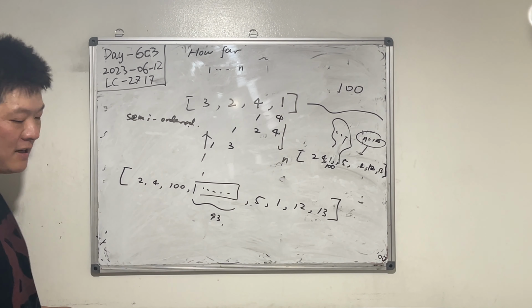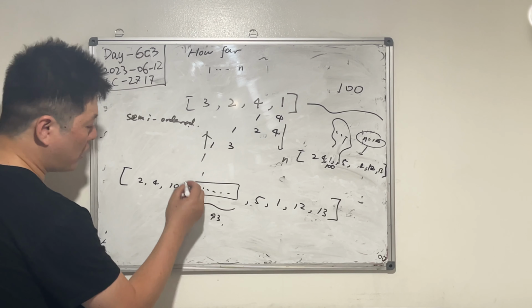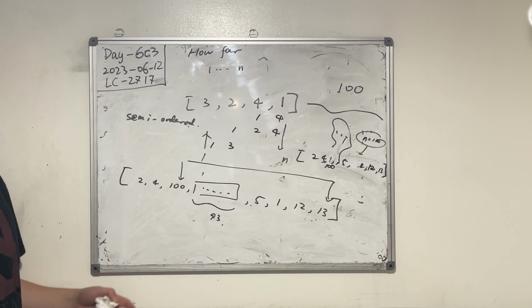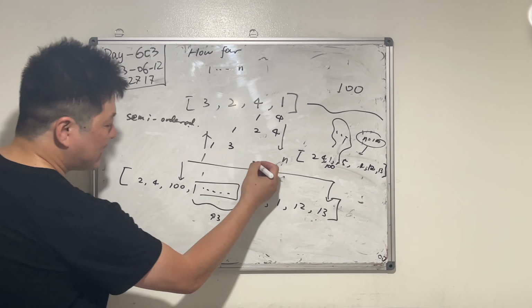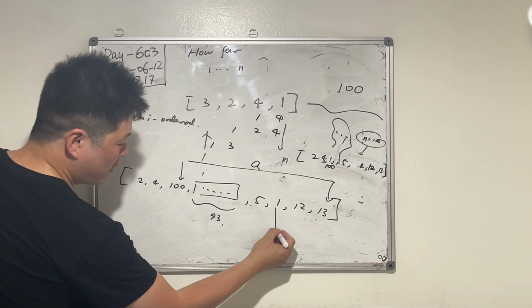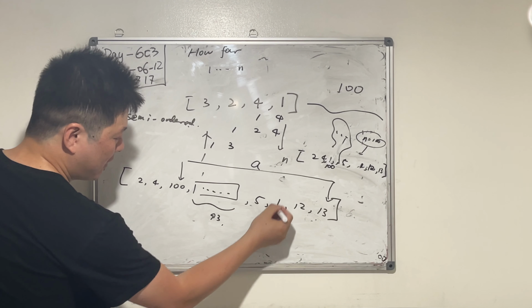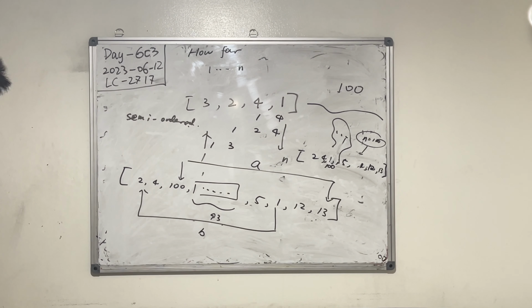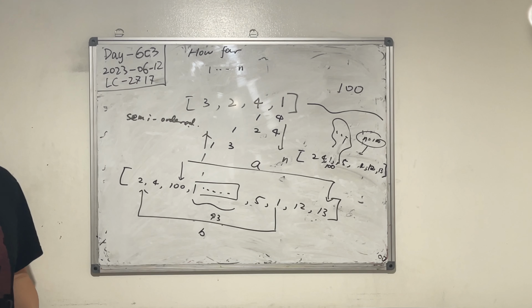Let's say 97, how many swaps to get 100 to the last one? If this is A, how many swaps, and if this is B? So what's the answer? 194. Yes. How did you work it out?